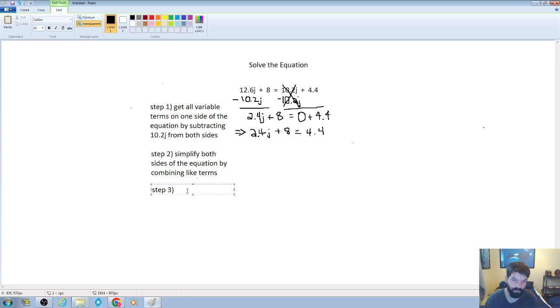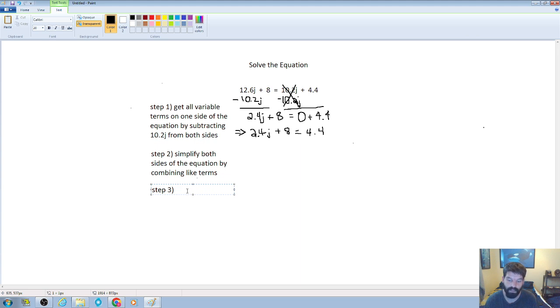That can get really involved, and if you're not a big fan of decimals, it can be overwhelming. So the way I'm going to approach this is this idea of reverse PEMDAS: undoing the addition of 8 first, then dividing both sides by 2.4.